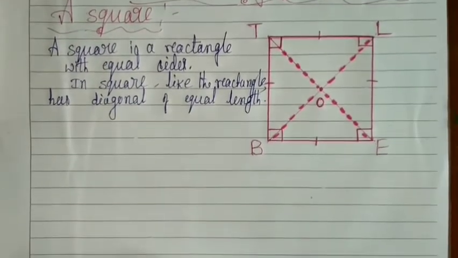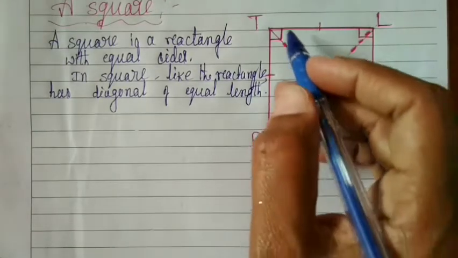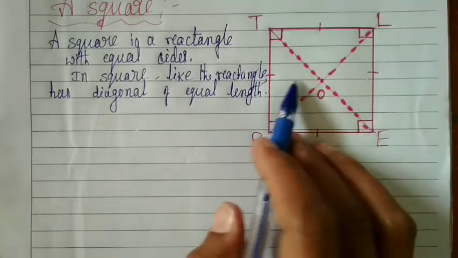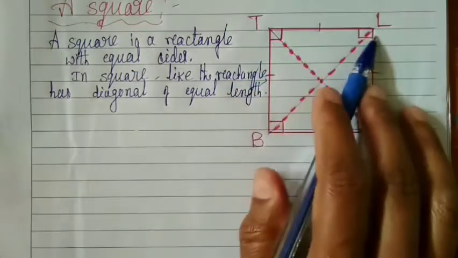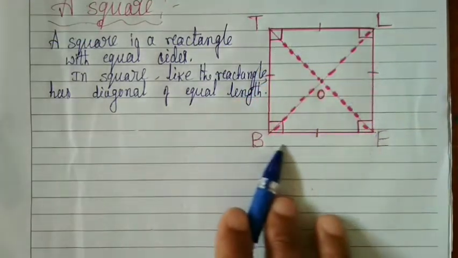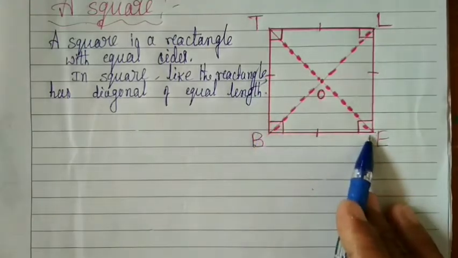In a rectangle, there is no requirement for the diagonals to be perpendicular to one another. Once again, in a rectangle, there is no requirement for the diagonals to be perpendicular to one another.